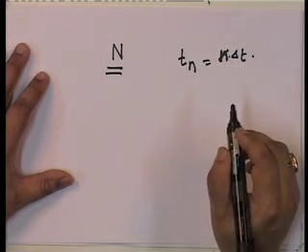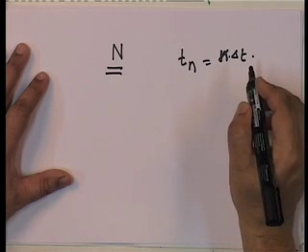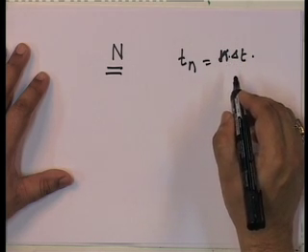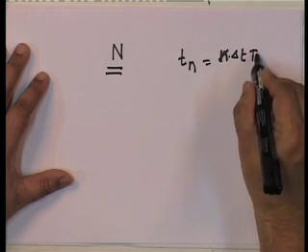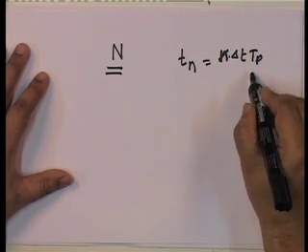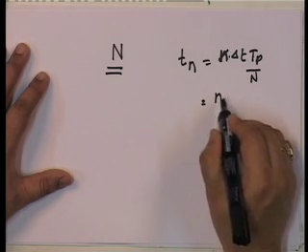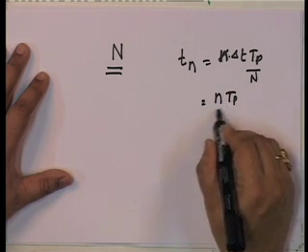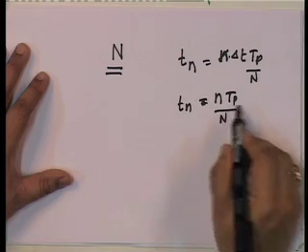And you see, therefore, n times delta t, and delta t is equal to Tp upon N. So, if you really look at it, this becomes n Tp upon N, that is my Tn.